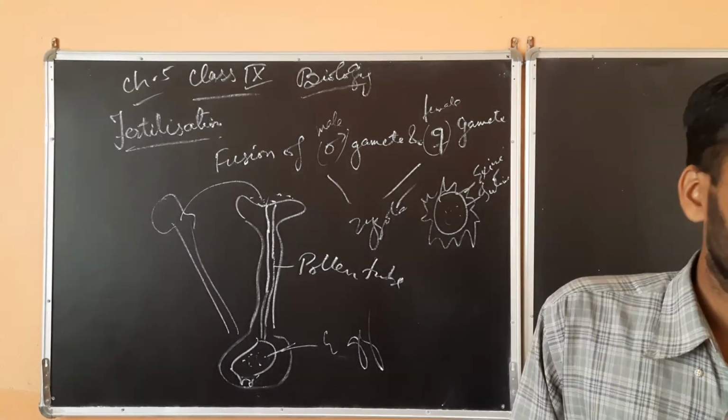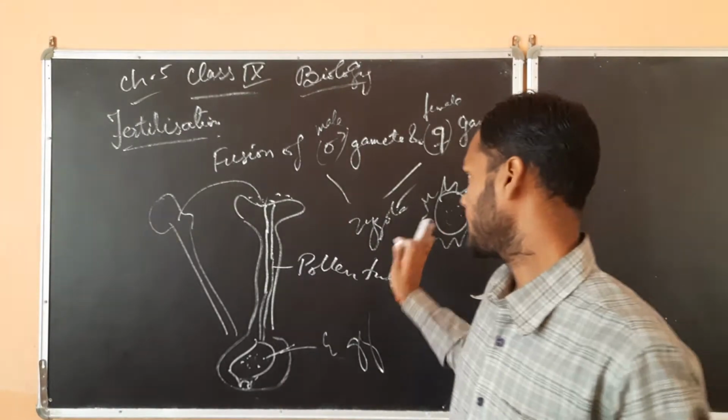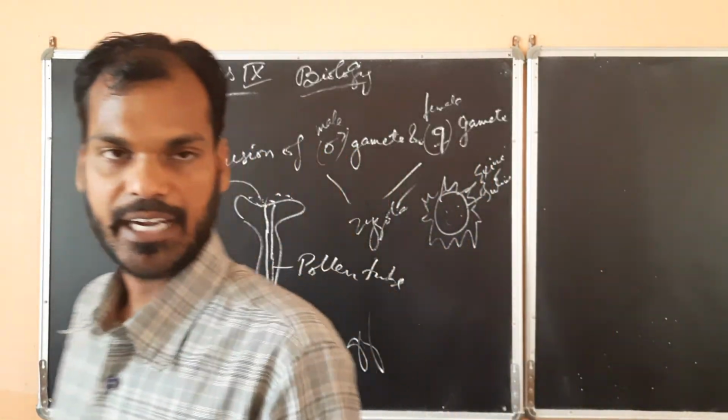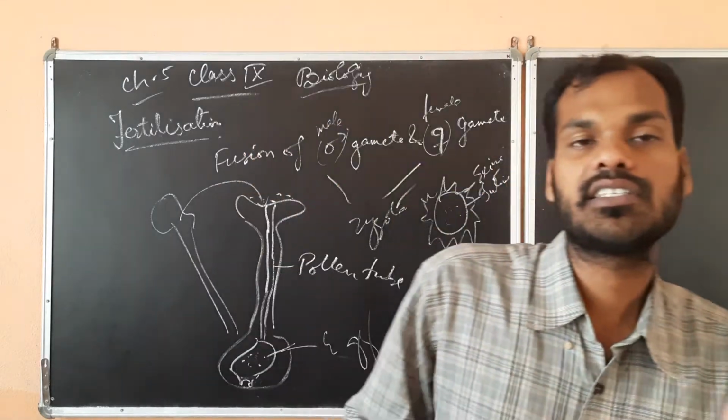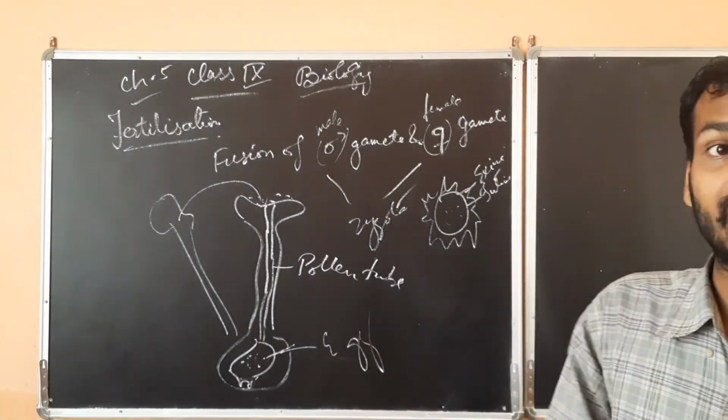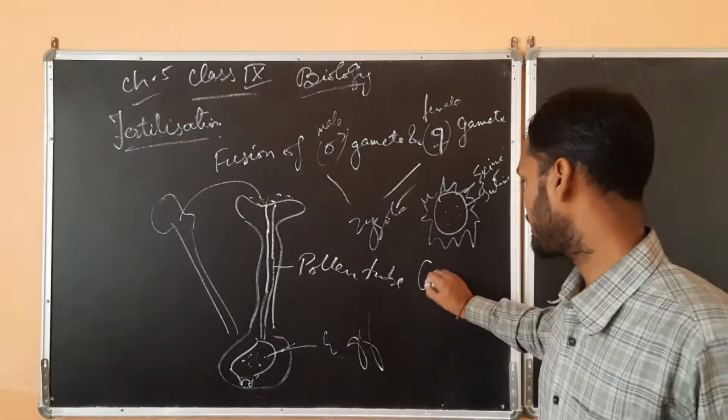Okay, so there are two types of nucleus: one is the vegetative nucleus and one is the generative nucleus.